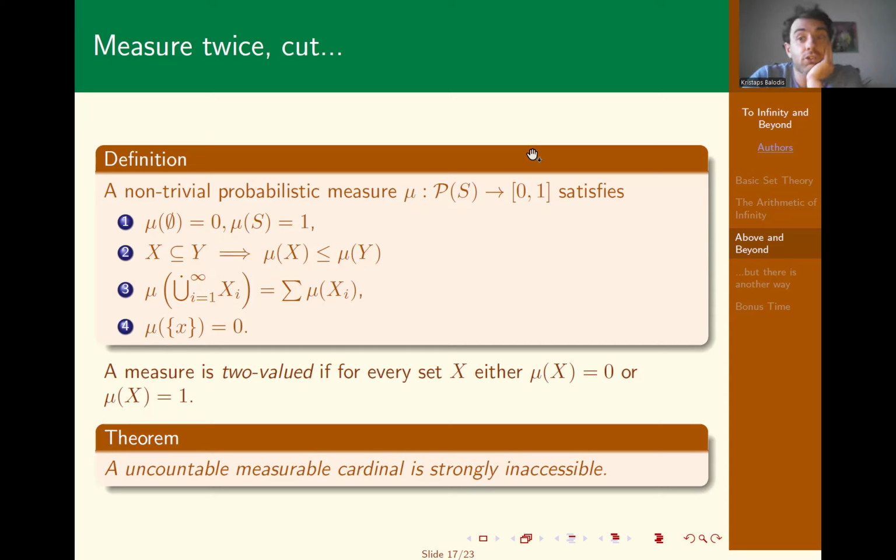But this leads us into a large cardinal axiom. So if you can find such an uncountable two-valued measure, it already goes beyond ZFC, and again, in a consistent way. Actually, I don't know what theorems we have about consistency. We definitely know it's not provable within ZFC.